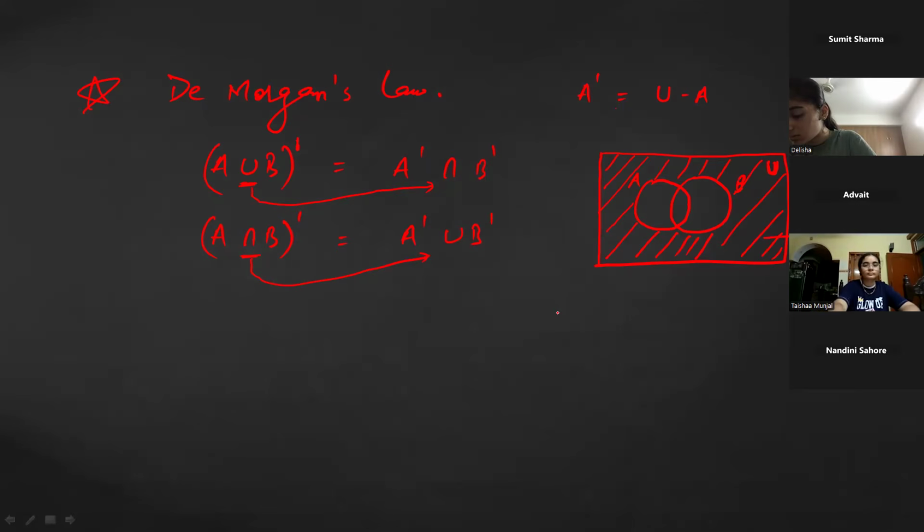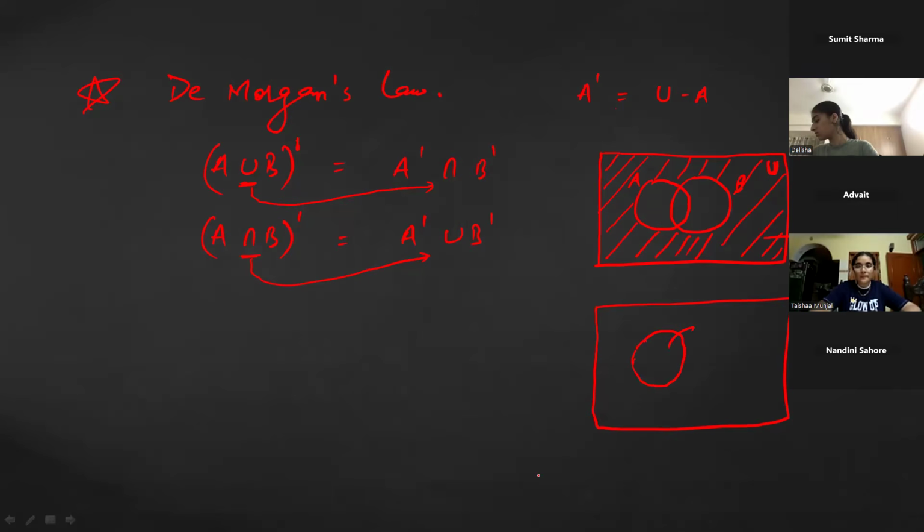Right? And how can we say that these are equal? So we can prove it by using these Venn diagrams also. See, if I draw the Venn diagram for this RHS part of the first one, you will get A here, and so this is A and this is B set.